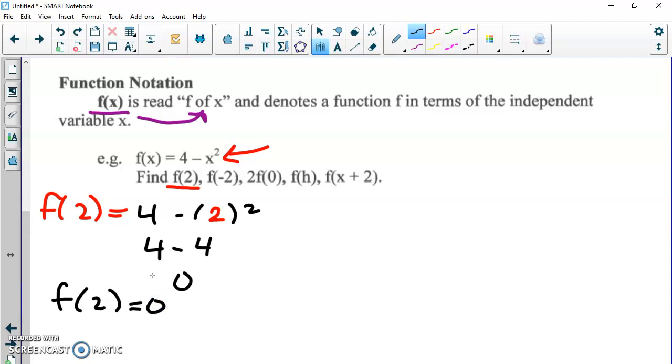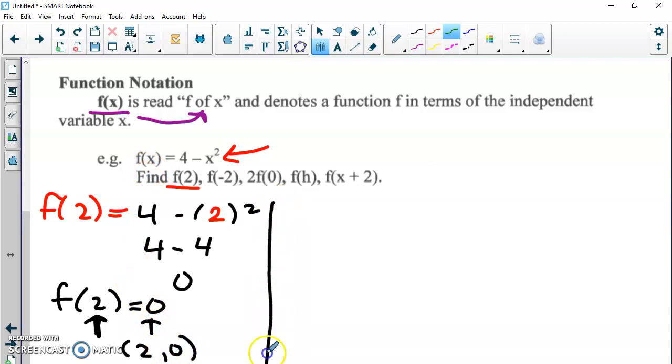The reason I like this notation is, in the answer, you see automatically here your input and your output. So the point on your graph would be (2, 0). Instead of you having to look back and say, where did it say what value was x? You have the value of x. X is the one inside the parentheses, and your y, because f of x represents y, your y in this case is 0.